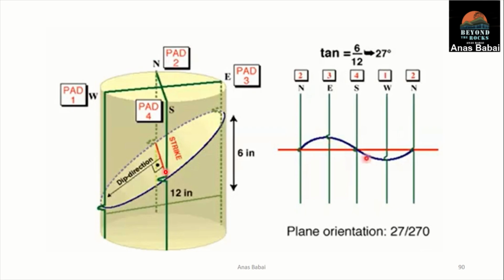If we know the strike of the formation, we can directly get the dip direction, which is always perpendicular to the strike. So this is in brief how we can get the dip for any formation or horizon based on the Dipmeter.